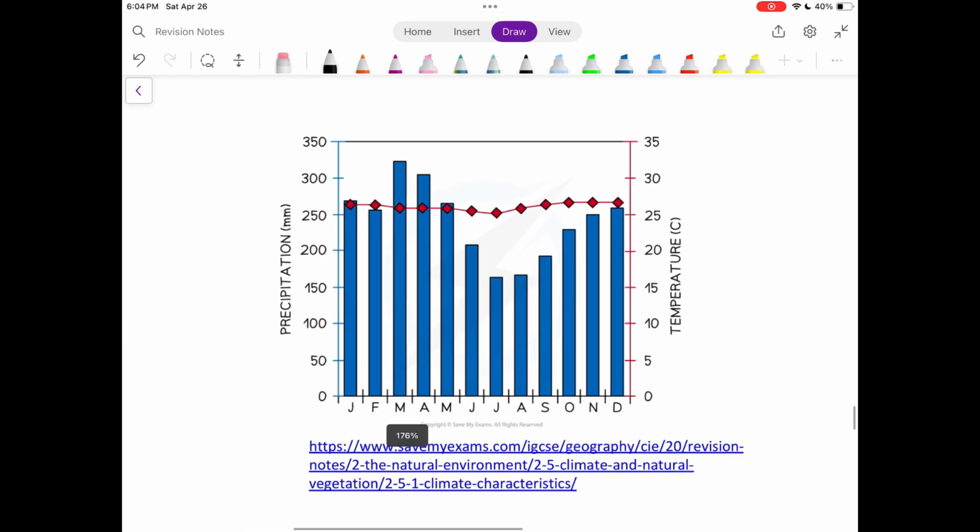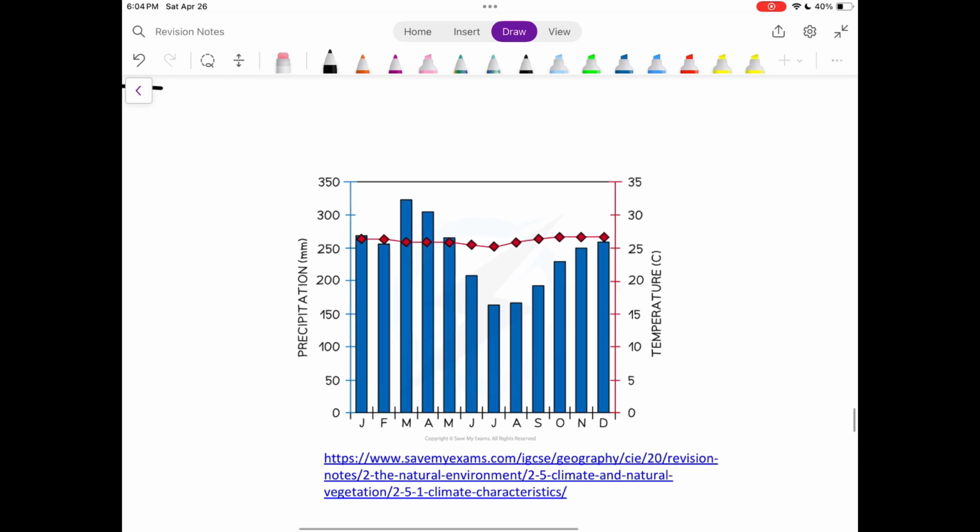And here's a climate graph of a typical equatorial climate. As you can see, the temperature remains constant, and although the rainfall varies a little bit, it still remains pretty constant throughout the year as compared to desert ecosystems, which we'll look at next.